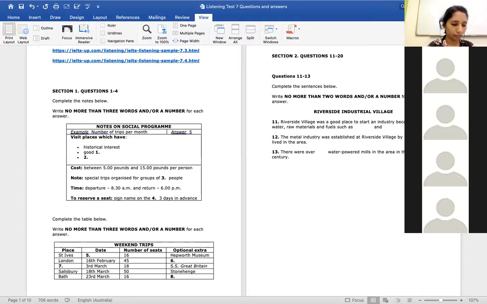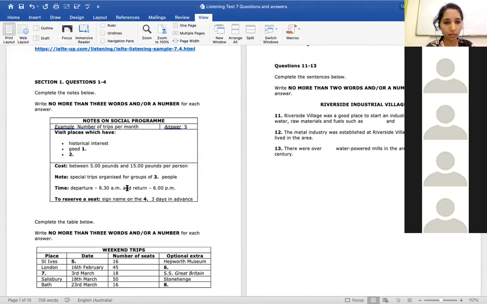At the end of the test, you'll be given 10 minutes to transfer your answers to an answer sheet. Now turn to section 1. Section 1. You'll hear a young student asking the social organizer of his school for information about organized trips. First, you have some time to look at questions 1 to 4.